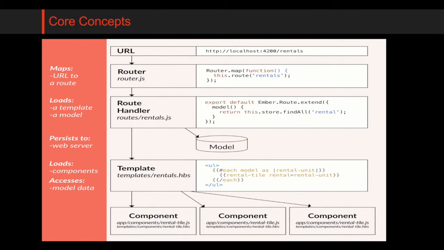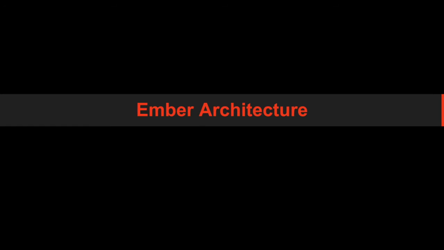While templates describe how a user interface looks, components control how the user interface behaves. Components consist of two parts: a template written in Handlebars and a source file written in JavaScript that defines the component's behavior.